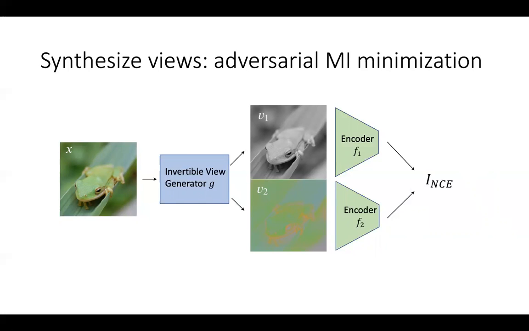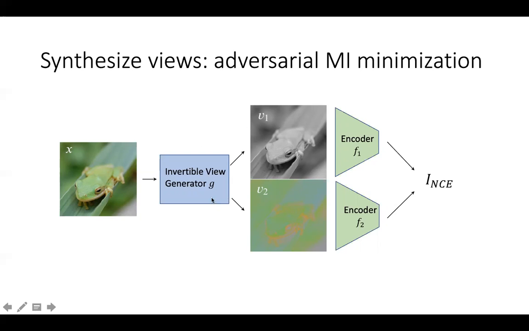So the flow-based view generator is a pixel-wise function. And because this function is invertible, it preserves all the information stored in X. So you can imagine it's basically very similar to a kernel space transformation: a pixel-wise function that preserves the total information.